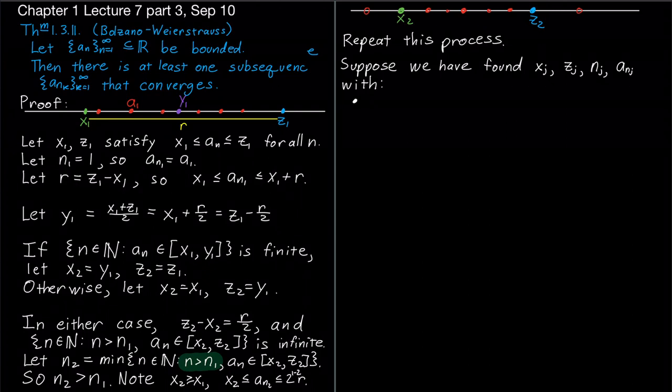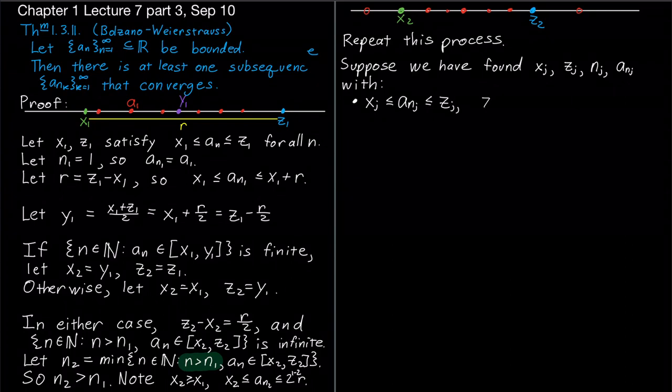We've got xj less than or equal to a_nj less than or equal to zj. zj minus xj is 2 to the 1 minus j times r. That's why I wanted it to be 1 minus 2 before.